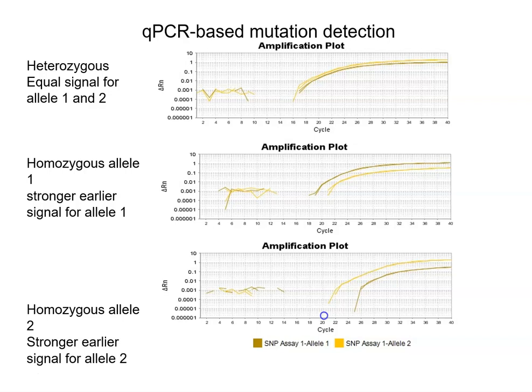We only give the drug to patients who've got this mutation, and one of the ways we identify these patients is we take their tumour DNA, extract the DNA, perform a qPCR based mutation detection assay and ask the question, are they mutant or not? So this is one of the ways in which you can do that. We could also sequence the DNA. That's just putting it into context as to why we might do this.